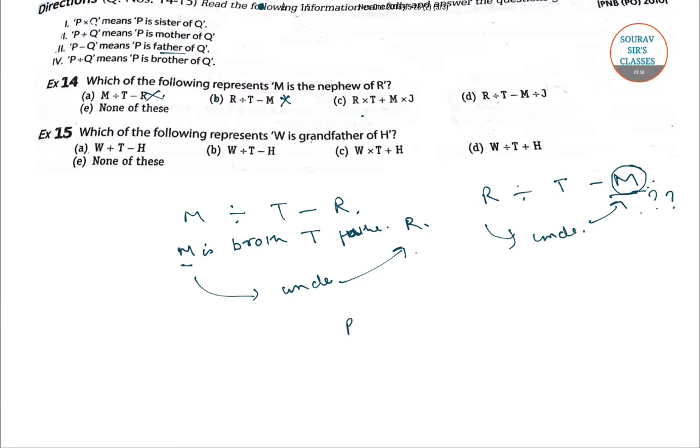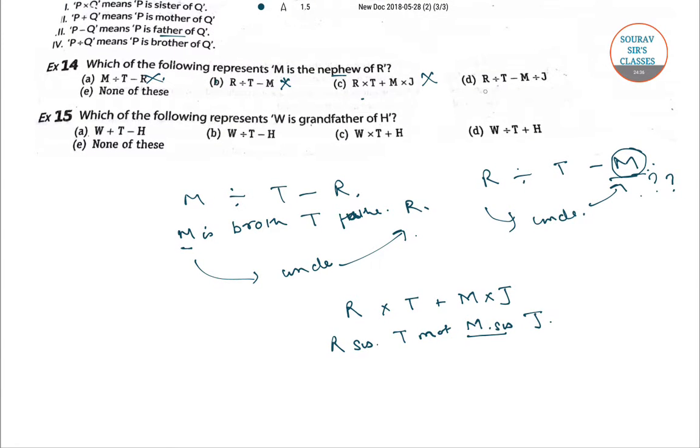Next is R cross T plus M cross J. Now R cross T means R is sister of T, who is mother of M, who is sister of J. Now since it is given that M is sister, therefore M is female, therefore M cannot be nephew. So this option is also rejected.